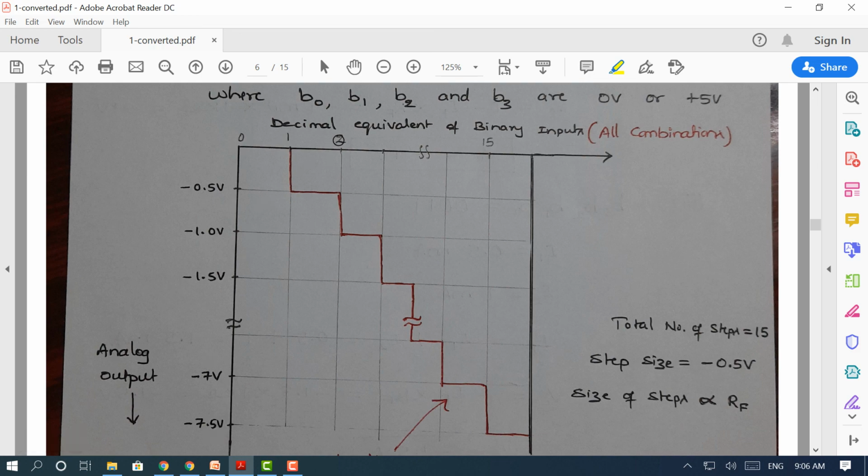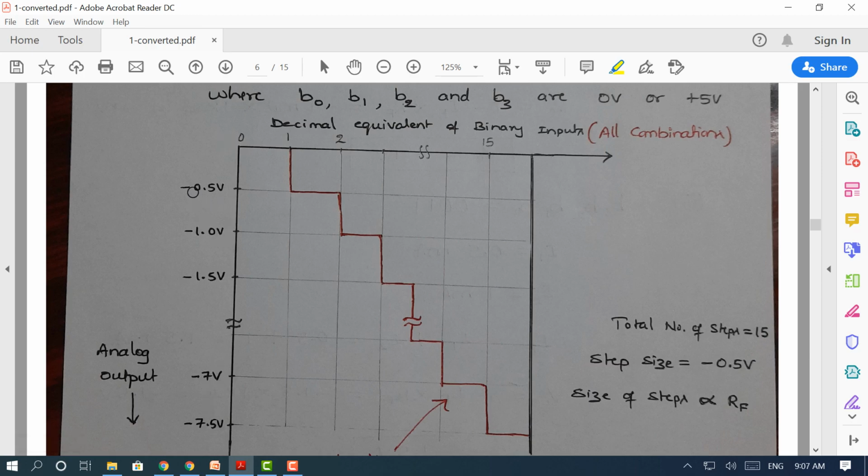As we have assumed a 4-bit digital to analog converter, there can be 16 possible combinations. So instead of representing in binary, we have represented the decimal equivalent of binary. So 0 represents B0, B1, B2, B3 as 0, 0, 0, 0, and 15 represents all ones.